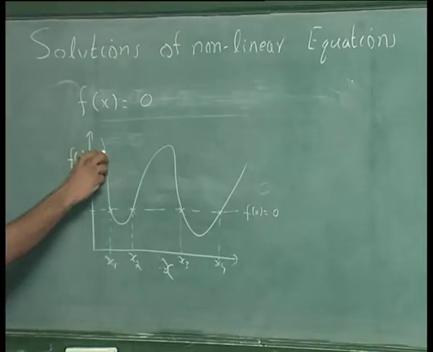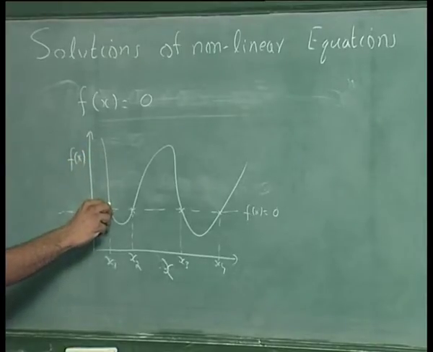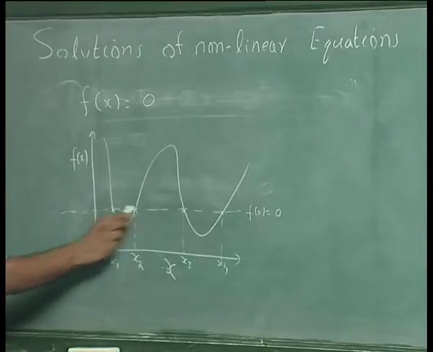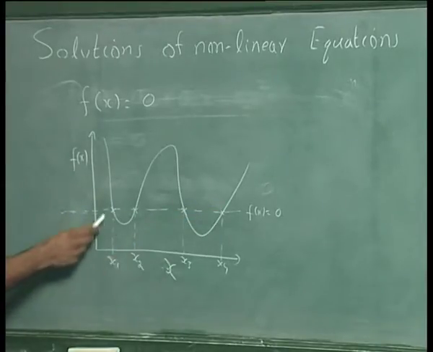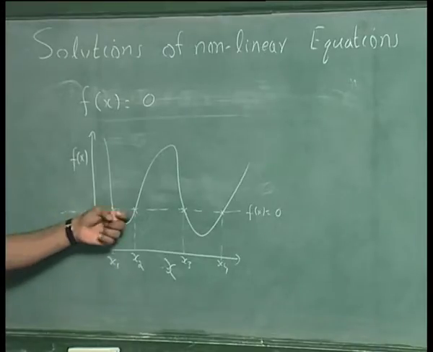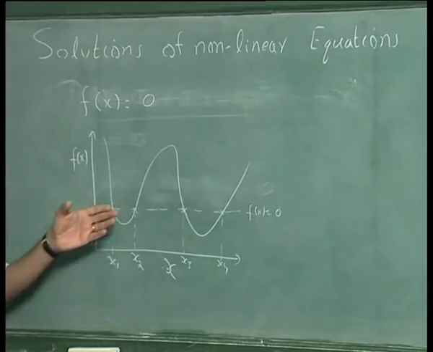Okay. So here are cases in which this function crosses the axis, that f equal to 0 line. It changes sign, so we can use that property in iterative schemes. So that's something which you would be using. In general, the way is to first plot this function, and then look at the solutions by inspection.